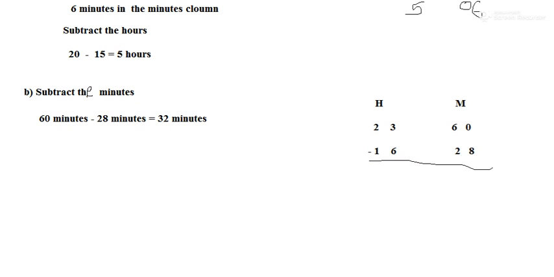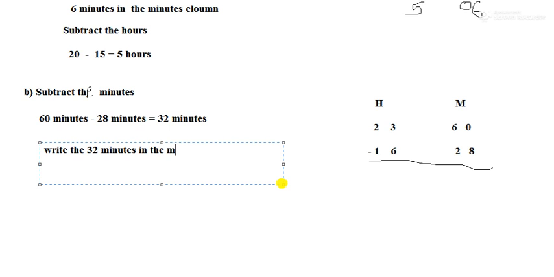Here write the 32 minutes in the minutes column. Next subtract the hours.